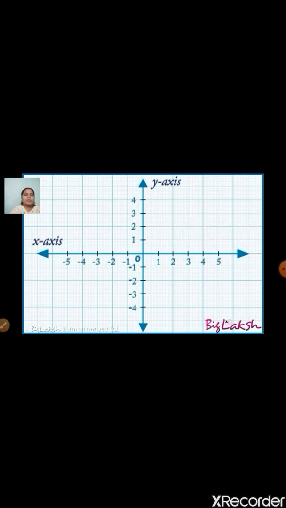The first number 4 is the x-coordinate of the graph and is plotted at this point. The second number 3 is the y-coordinate of the graph and is plotted here. Then we plot the point at this position. Let us take another example.